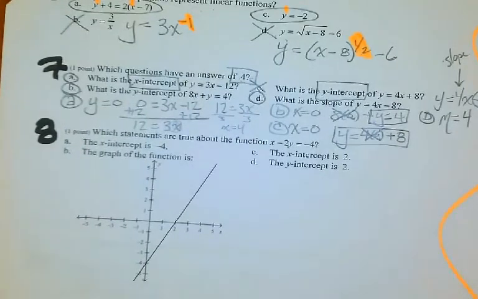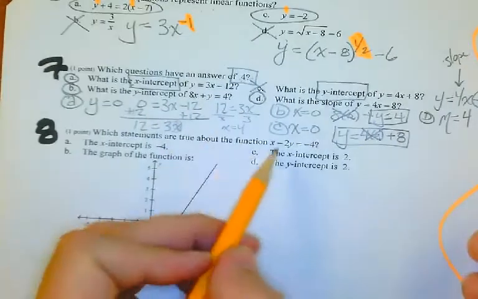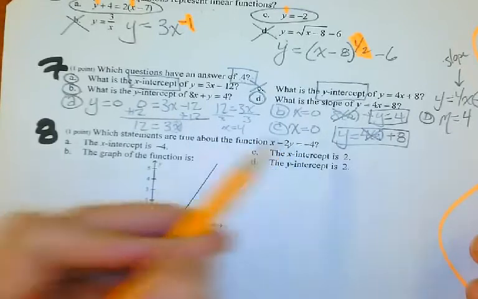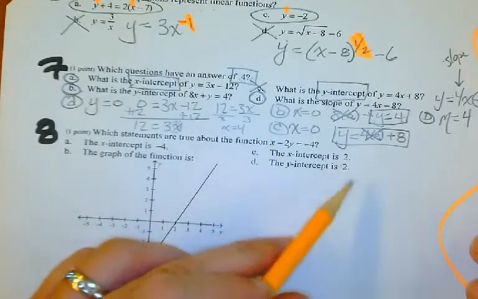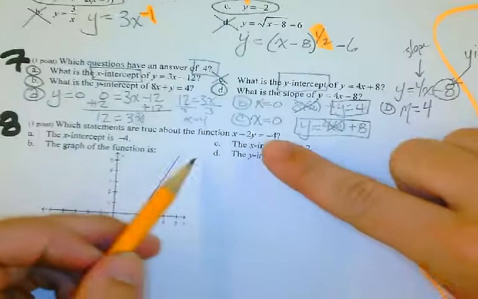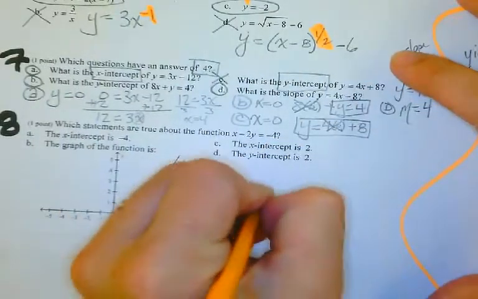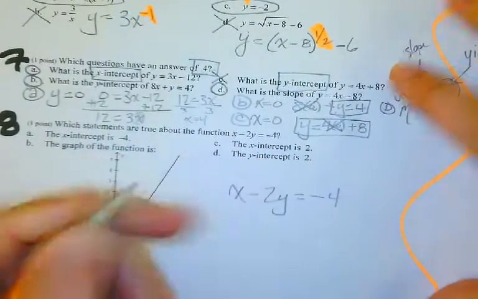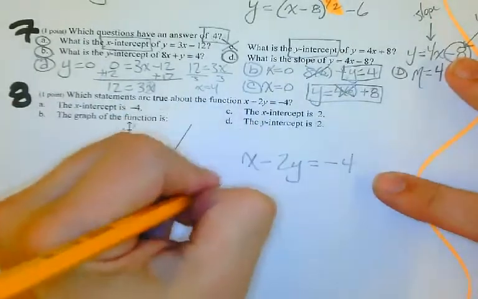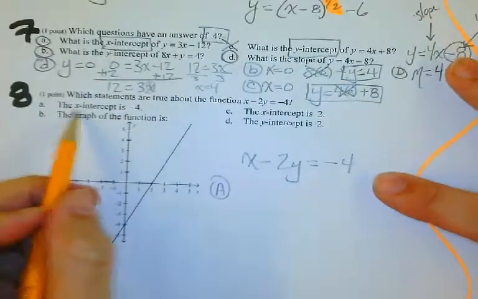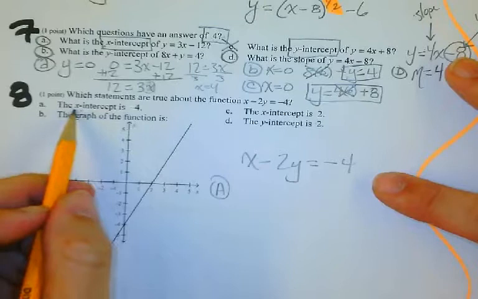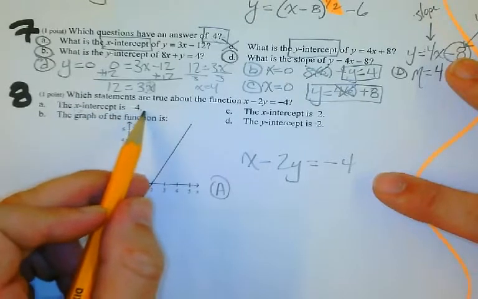Number 8 is almost the same question, but now they give us the function and have us solve it out for a specific number. So let's take our function, x minus 2y is negative 4, and let's list option A here. Option A is the x-intercept is negative 4.